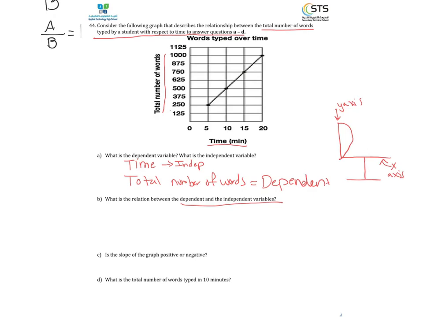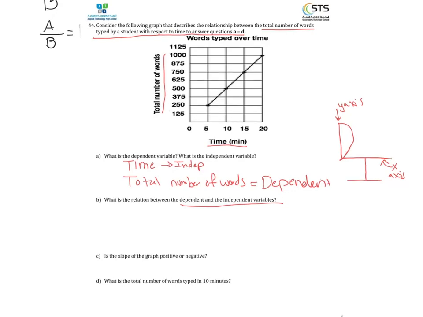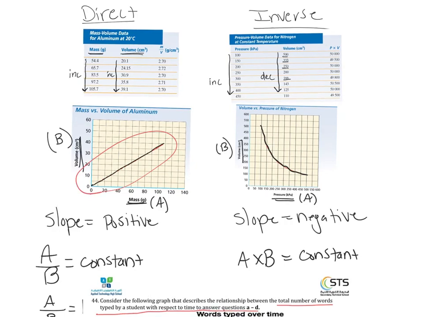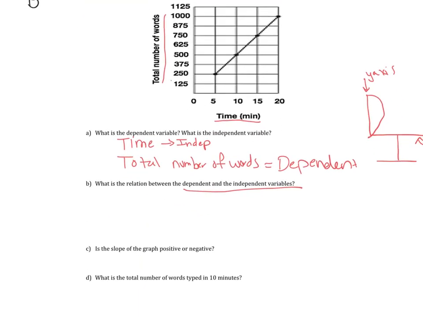Is this a direct or an inverse? Let's go back up here. A straight line passing through the origin is a direct relationship. So this graph is direct. So I can say, if I make this A and I make this B, that A divided by B will always give me a constant K.